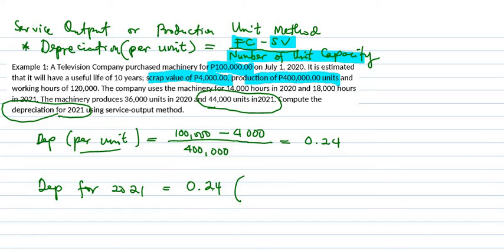Therefore, we need to multiply this 0.24 by 44,000. Thus, the depreciation for 2021 equals 0.24 times 44,000. That is equivalent to 10,560. That is our depreciation for 2021.